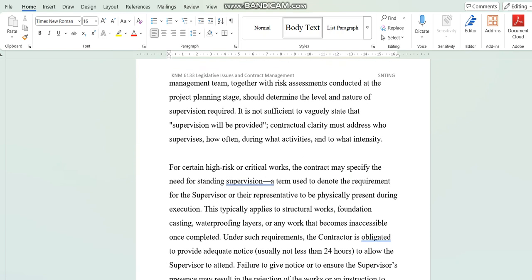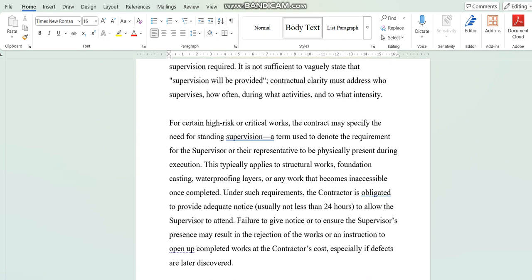But what I'm trying to point out here is all contracts have clauses on supervision. And that supervision is actually important to ensure that work is done accordingly.